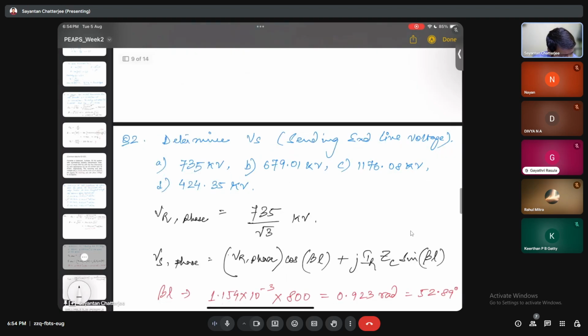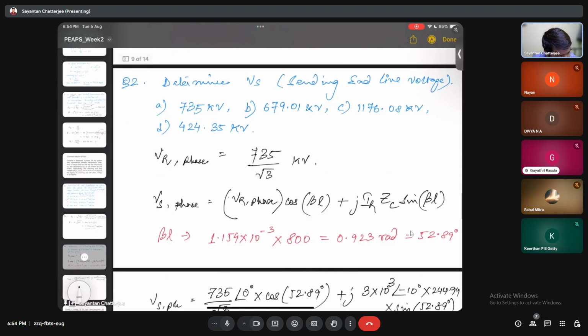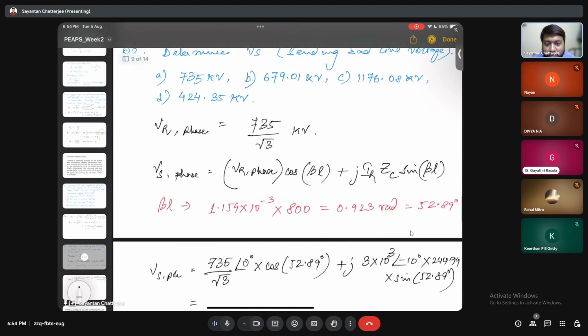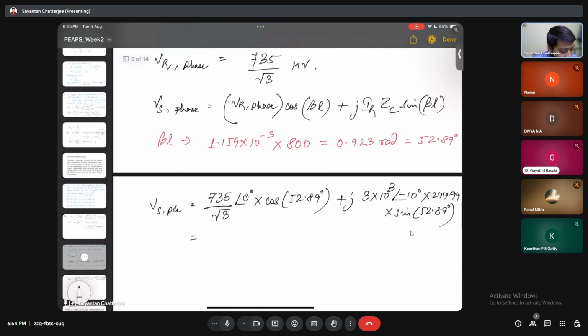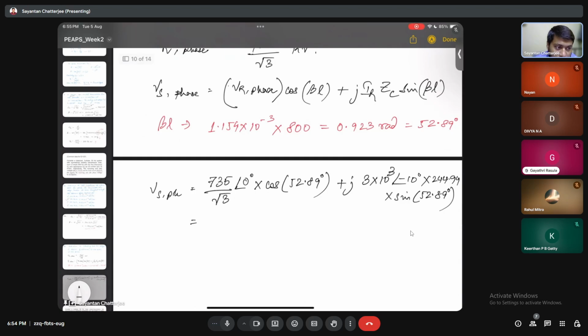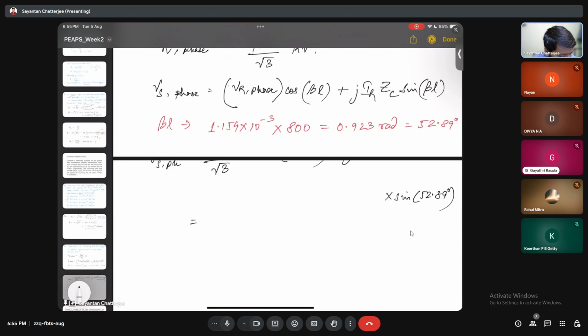This is the final voltage. I have the value of final voltage. Please, anyone, you can divide the final answer by root 3 and get this value, so that won't be ethical. So I'm willing that if somebody voluntarily calculates this one, we can match.